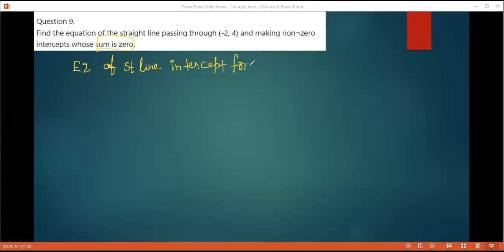What is that? x by a plus y by b is equal to 1. And here it is given that the sum is 0. So what are our intercepts? Intercepts whose sum is 0 means the intercepts are a and b. So according to the condition, we can take a plus b is equal to 0. This is given.